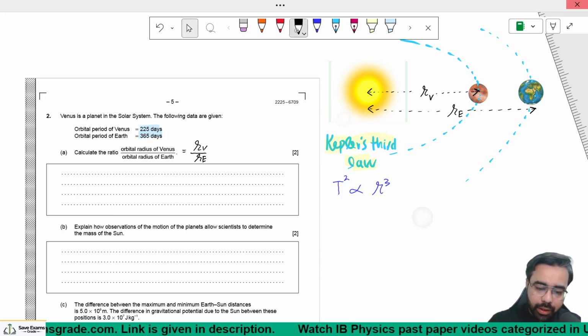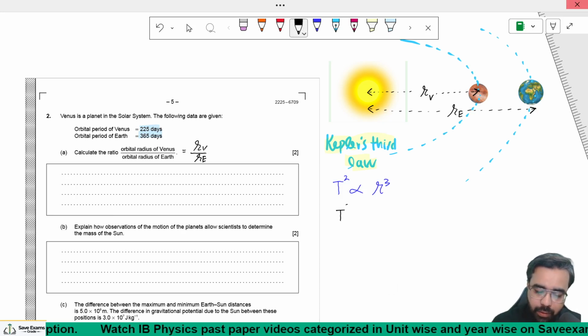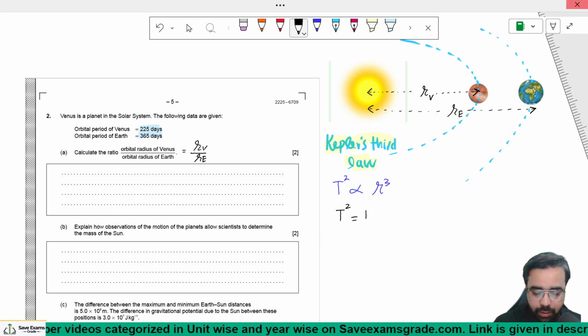Because we have to find a ratio, we do not need to go into detail about what the constant is. Right now I'm just writing k. In the next question I will explain how to find k as well.